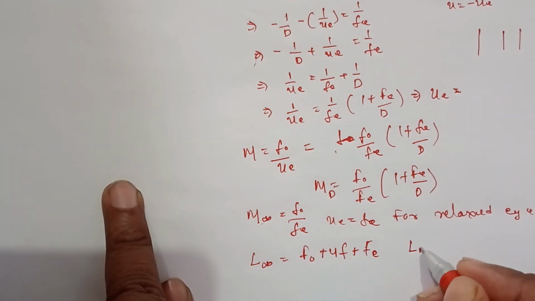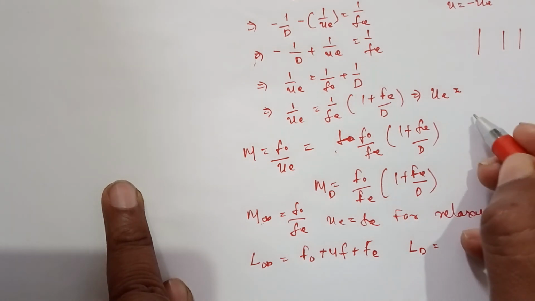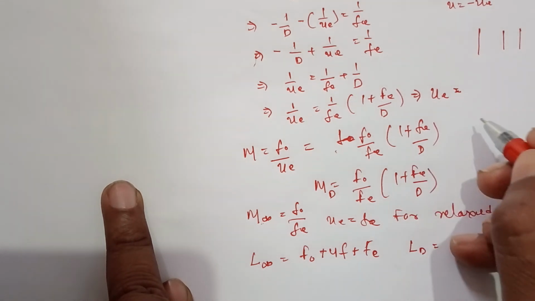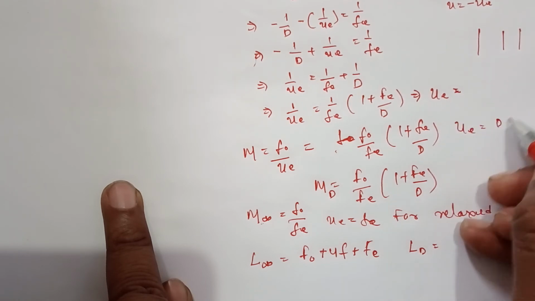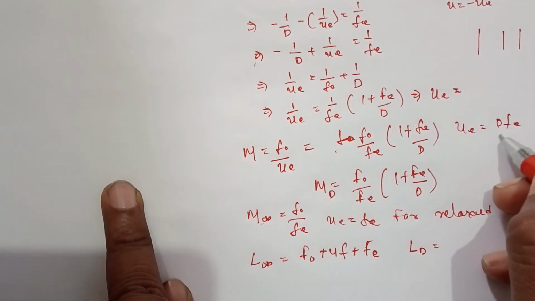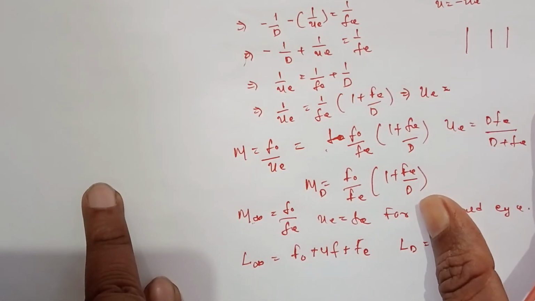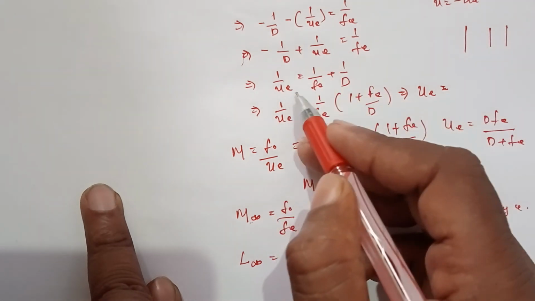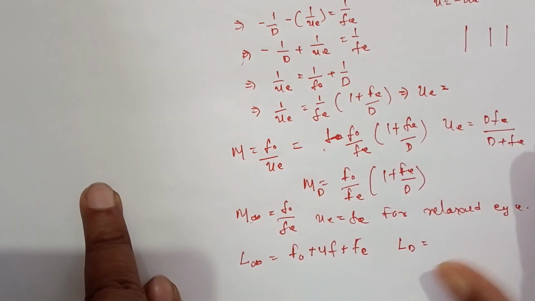So LD is equal to, here we can write ue is equal to dfe by d plus fe. From here we conclude ue is equal to dfe by d plus fe.